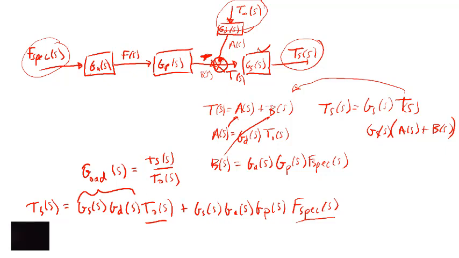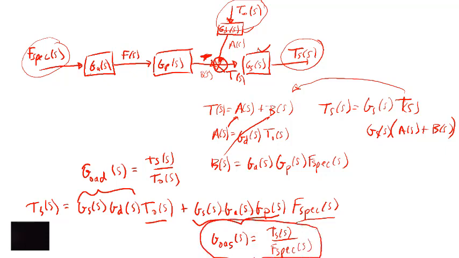And we would be treating that as considering that F specified stays constant. We also can say that this right here is overall with respect to the set point, so I can say G overall with respect to the set point in the Laplace domain equals the output, which is T sub S, over the input, which is F specified of S. So these are two examples of writing overall transfer functions by combining individual transfer functions.